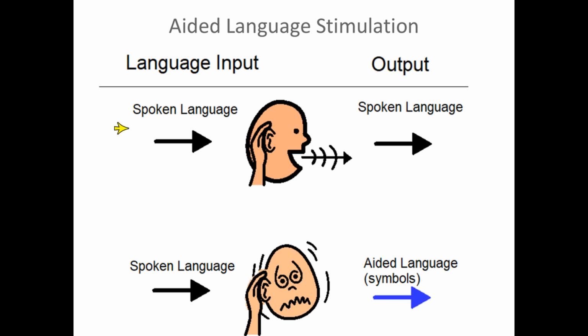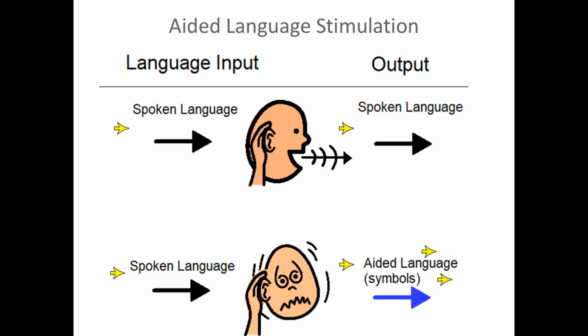Here's an example, another visual of how important this is. When spoken language is going in as the model, the language input, the output is spoken language. That is normal, typical language development. You hear language, you understand it over time, you produce it. What's happening with our students is they're hearing spoken language, but then we're expecting them to produce language using symbols. It's a whole other language.